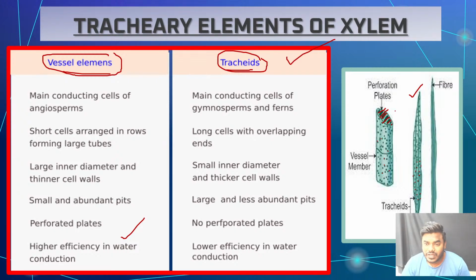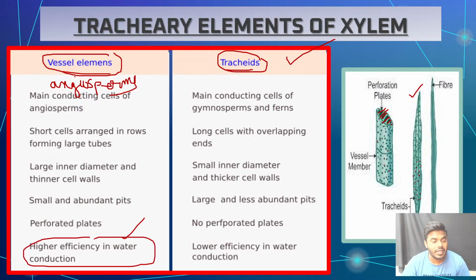So friends, with the help of those perforated plates, the water conduction becomes more efficient. Vessel means what? Angio. Angio means vessel-like structures. So the vessel elements are abundantly present in the angiosperms, which are highly developed plants. That's why we can say vessel elements have the higher efficiency in water conduction. Kindly don't forget that. Vessel elements, tracheids.